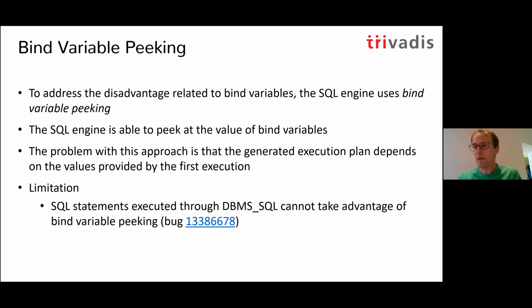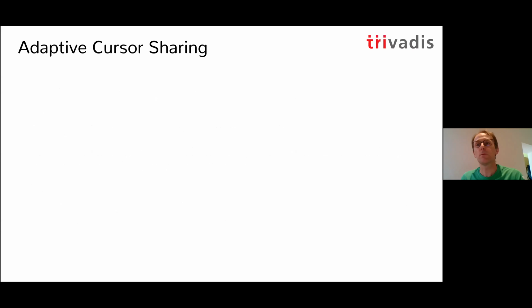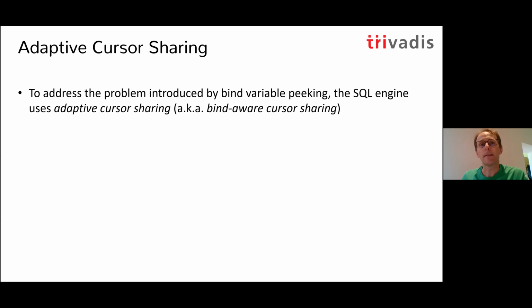But let's go back to the problem we just saw. If you have bind variable peeking, it might be good for some executions, bad for others. That's where Oracle decided to introduce another feature, which is called adaptive cursor sharing. The idea of adaptive cursor sharing is to reduce the number of problems generated because of peeking.